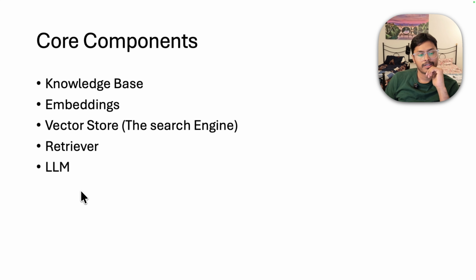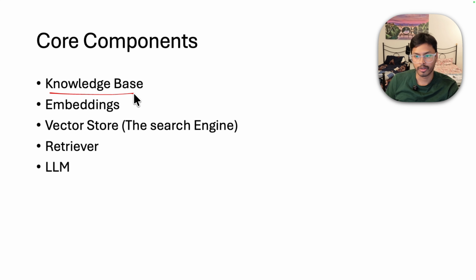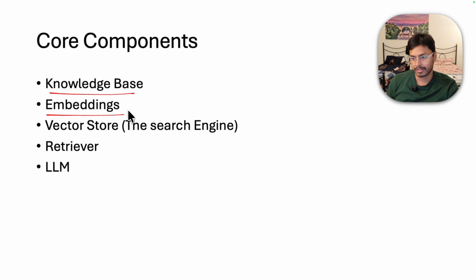These are some core components that are present in our RAG system. One is the knowledge base. This is the place where we have all of our documents or data notes or whatsoever. And we have embeddings. Think of embeddings as translators. LLMs don't understand natural words. On the front end you interact in a natural way, but underneath the hood, it's all numbers.